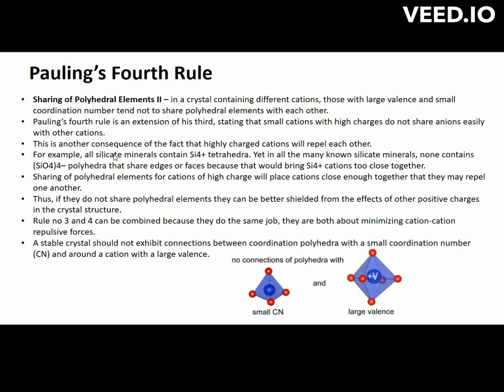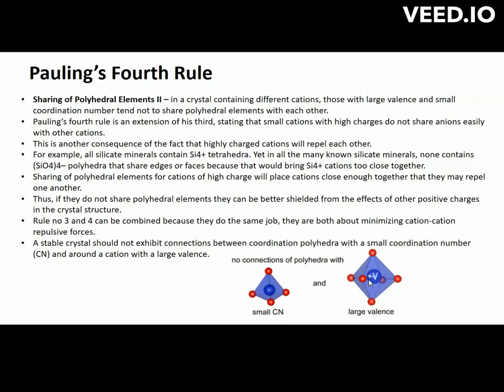All right. So for example, all silicate minerals contain SiO4 tetrahedra, yet in all the many known silicate minerals, none contains SiO4 polyhedra that share edges or faces, because that would bring the cations too close together, and then what will happen is they're going to repel one another, making the minerals unstable.